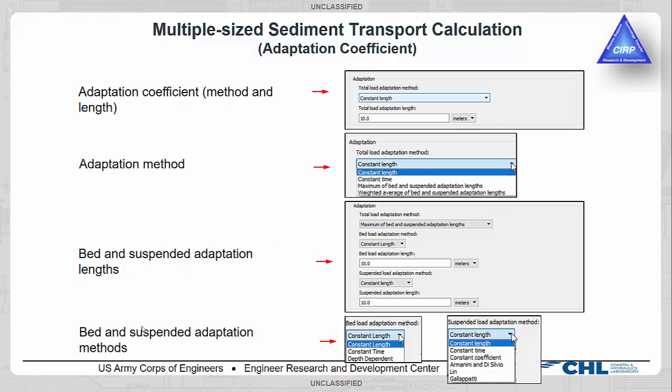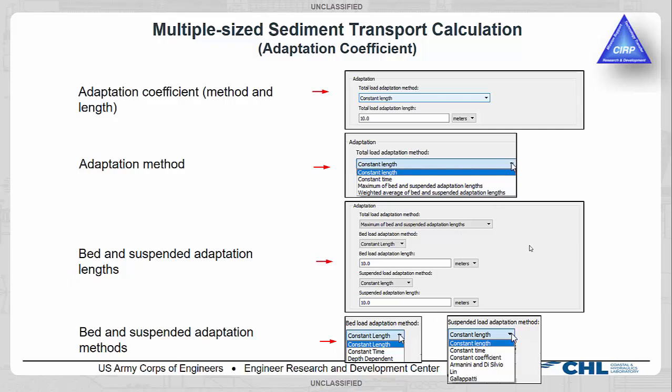And you can see for the bed adaptation method, you can also pick constant length, constant time, depth dependent. So this is for bed load. For suspended load, we have 1, 2, 3, 4, 5, 6 methods. So for suspended load, you can pick constant length, constant time, constant coefficient, and also 3 different formulas developed by other researchers.